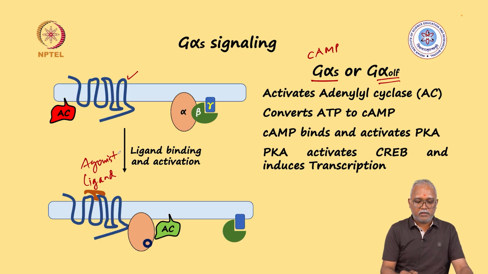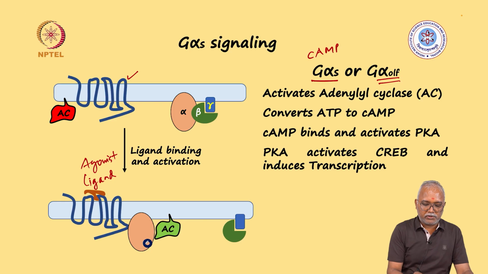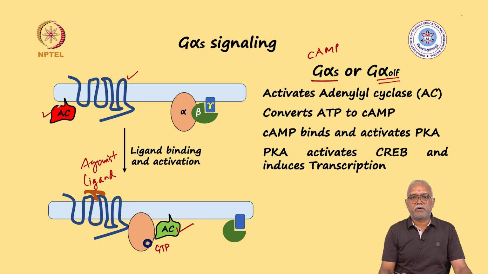When that has bound, the receptor comes in contact with this G-alpha beta gamma subunit, and this is where the exchange of GTP happens and G-alpha becomes GTP bound. It dissociates from the beta gamma subunit, and this is now active. One of the things it activates is the enzyme called adenylyl cyclase, which was earlier inactive because it was bound to the regulatory subunit.